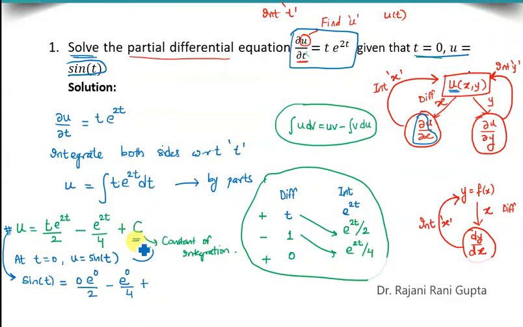We don't have anything for c, so we keep it the same. So 0 times anything becomes 0. E to the power 0, any number to the power 0, becomes 1, over 4 plus c. This is sine of t.